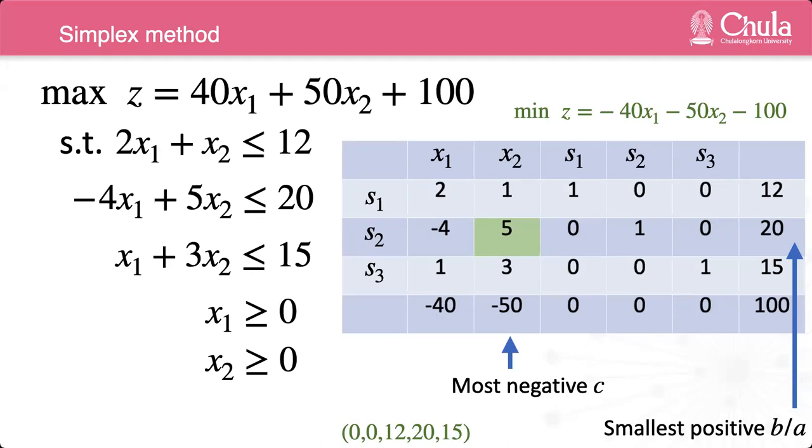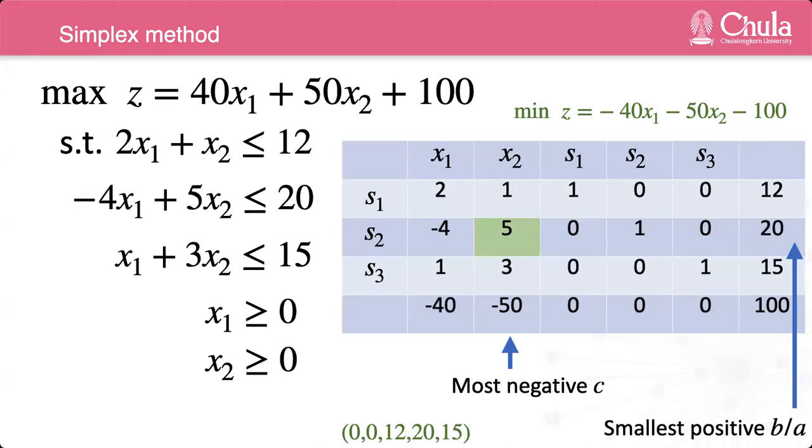Okay. So it's straightforward that we should increase x2, because at one iteration we can increase only one variable. Of course, you can increase x1 and have a smaller objective function, which is good.